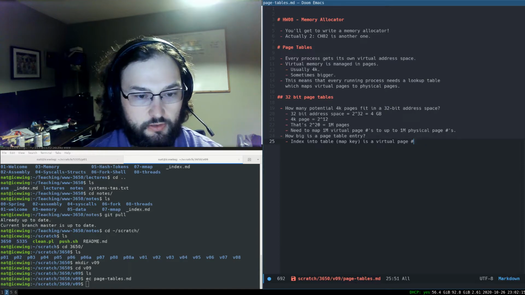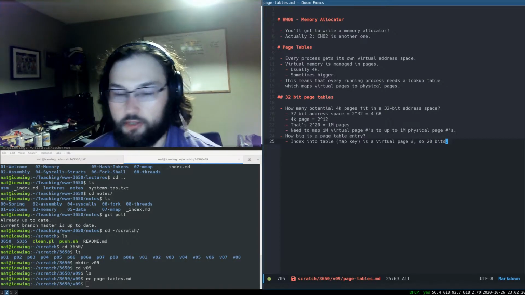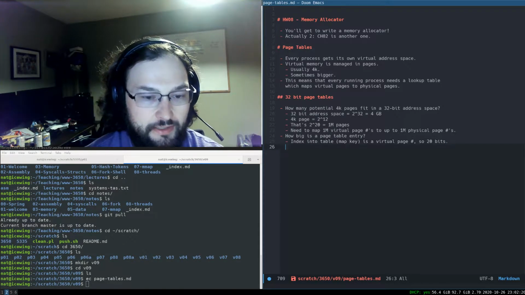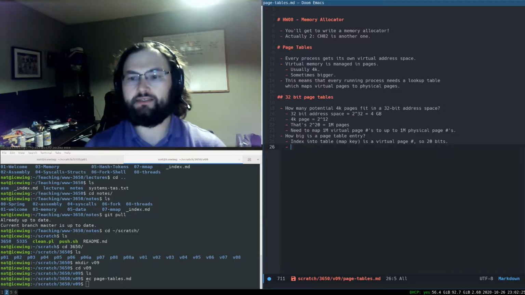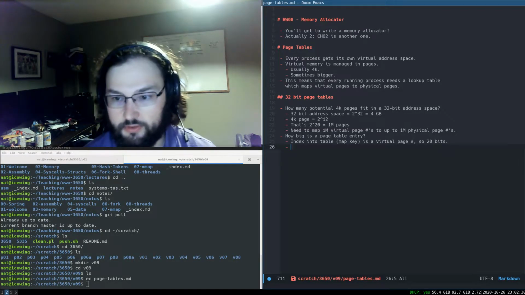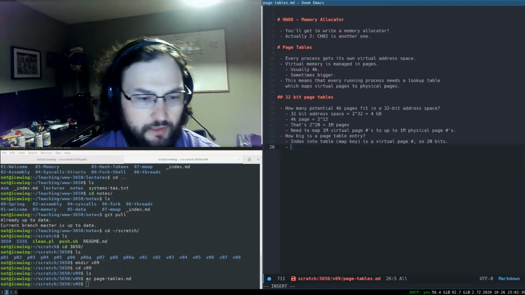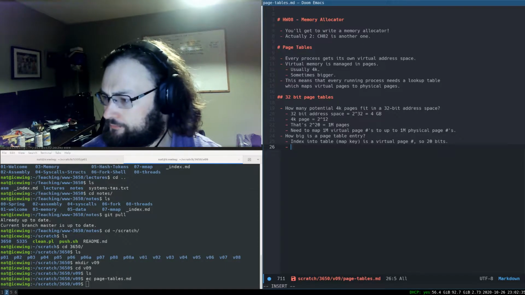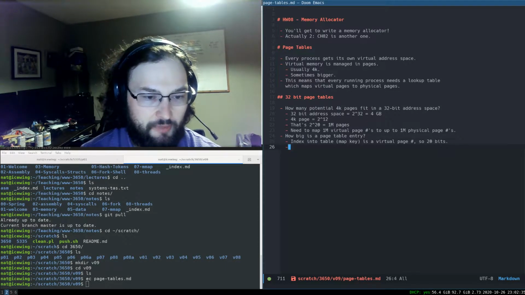And that's 20 bits. So we have a 20-bit integer. But the index into a table doesn't really take up space unless we're using a hash table, and then it does, but it turns out that we're not using a hash table. In fact, what we end up using is more like an array.